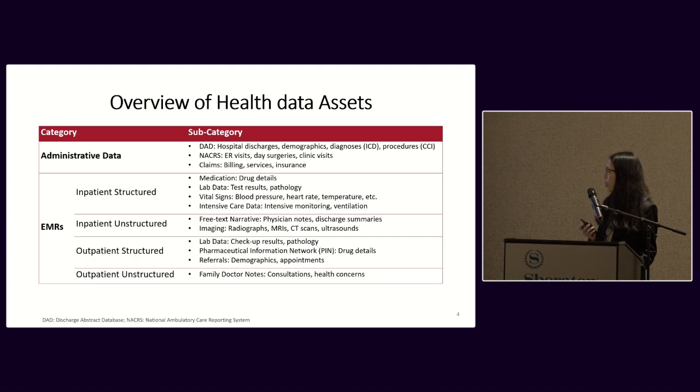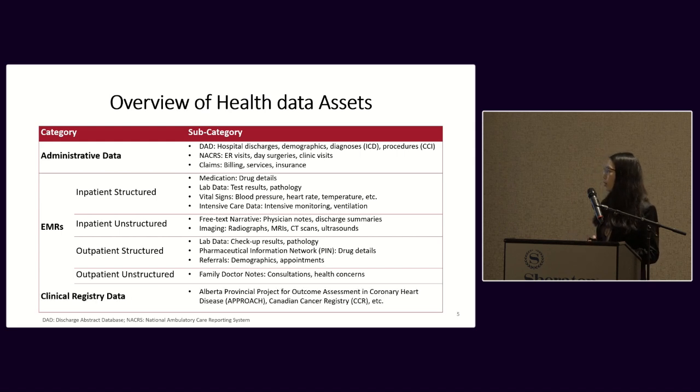In our EMRs, we have structured data for both inpatients and outpatients. So structured data may include medications, laboratory tests, vital signs, and intensive care data. These data can be longitudinal and all structured based on different data formats. And we also have comprehensive unstructured data for both inpatients and outpatients. So unstructured data could include free text, physician notes, and also imaging data.